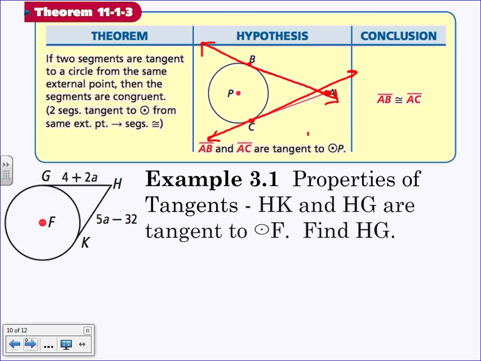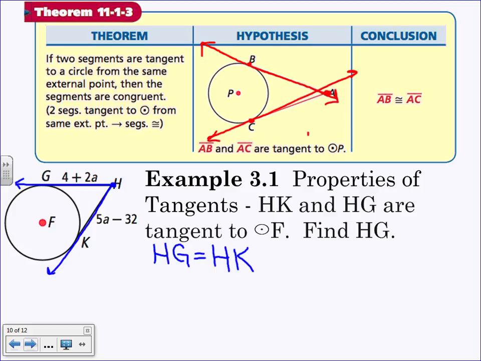So if you see two tangent lines that pass through the same external point, you automatically know that their two segments are congruent. So here we have common external point H, and it tells us that HK and HD are tangent. So as soon as we see that they're tangent, we can say that HG is equal to HK.